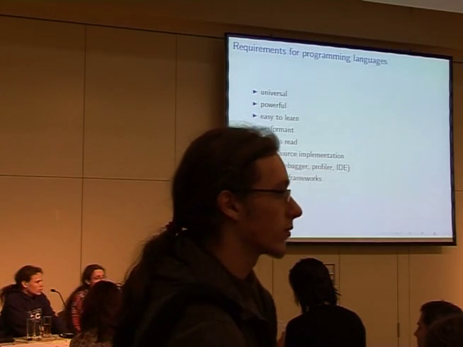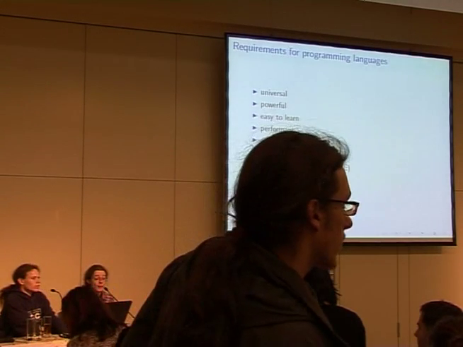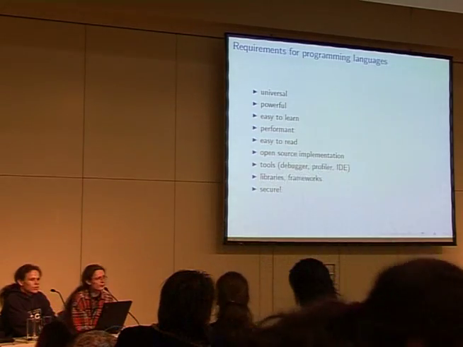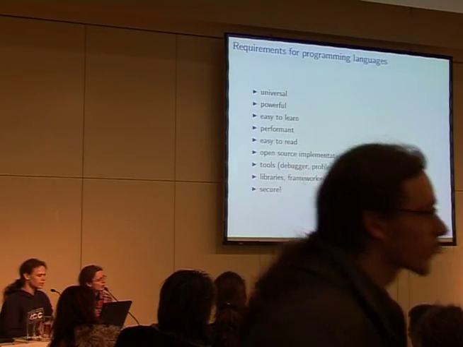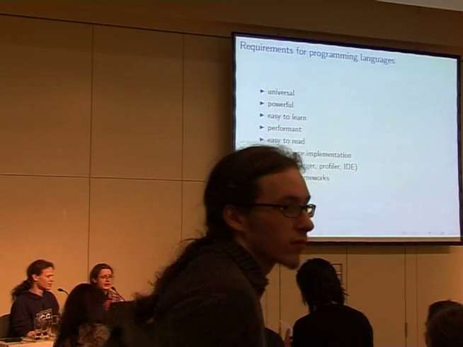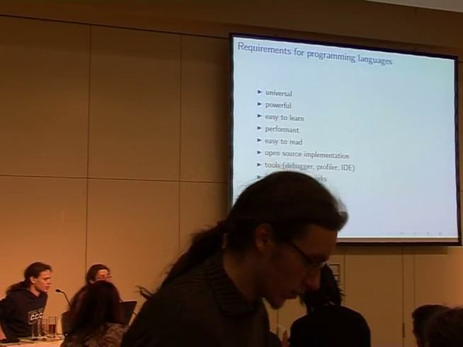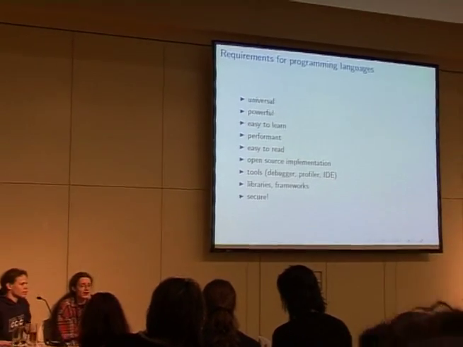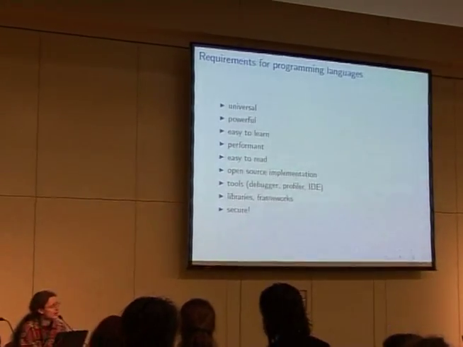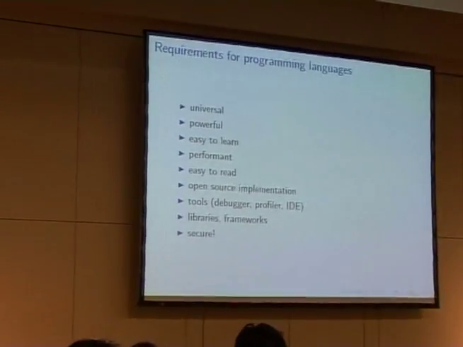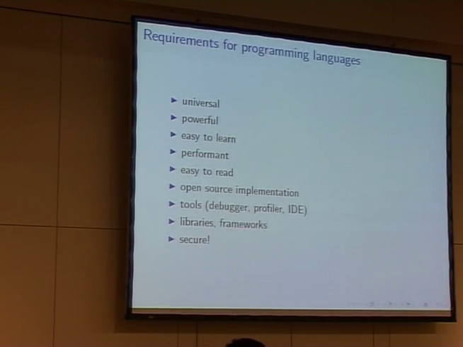Another language that comes to mind is Perl. Perl is pretty much universal. Well, not exactly everything is written in Perl. For instance, the Perl interpreter itself is written in C and not in Perl. So that's already a sign that it's not a universal language. It has certain niche markets. It's certainly powerful.